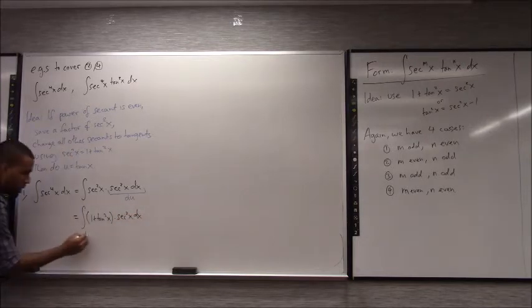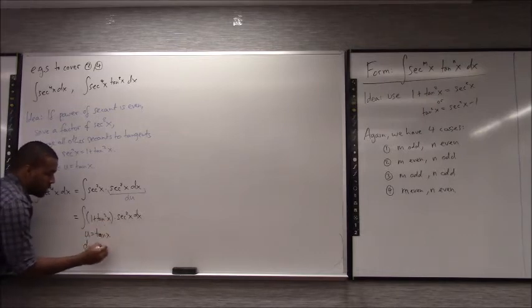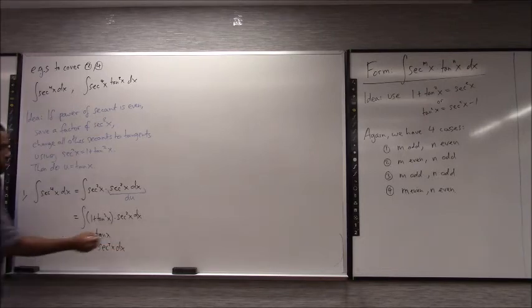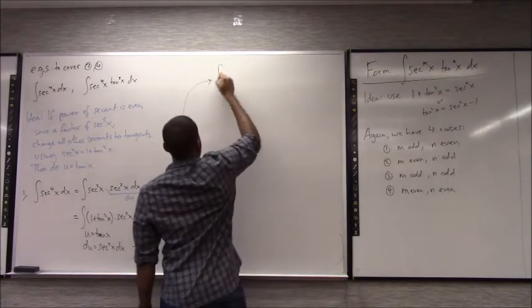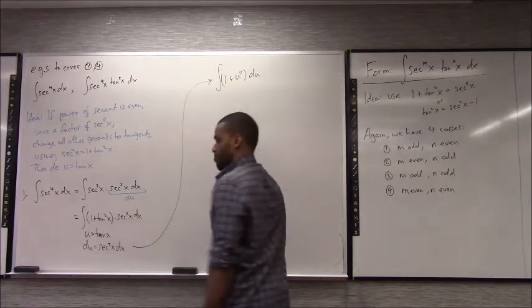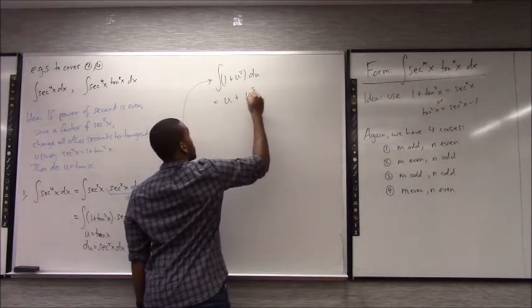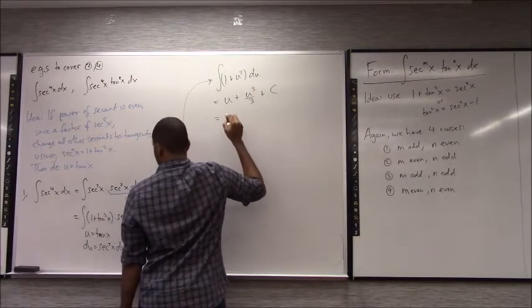And then we do u equals tangent. Our du here is going to give us that secant squared. And so this would just become the integral of 1 plus u squared du. And this will just be u plus tangent.